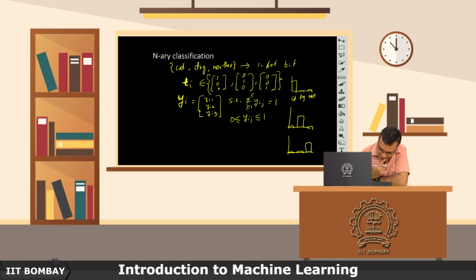In the final output we are going to have zi, and this zi is going to be the vector zi1, zi2 and zi3. The only condition on z is that it belongs to the real line. It can be either positive or negative.